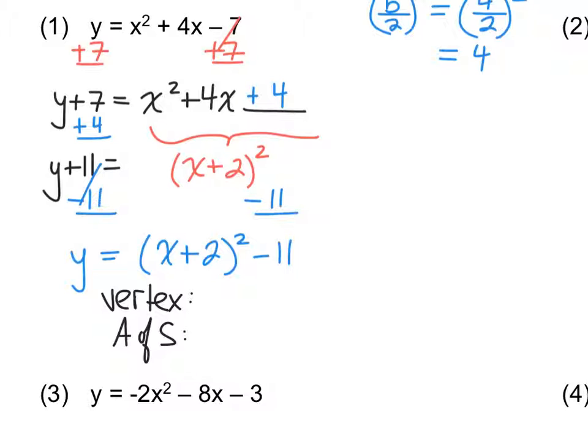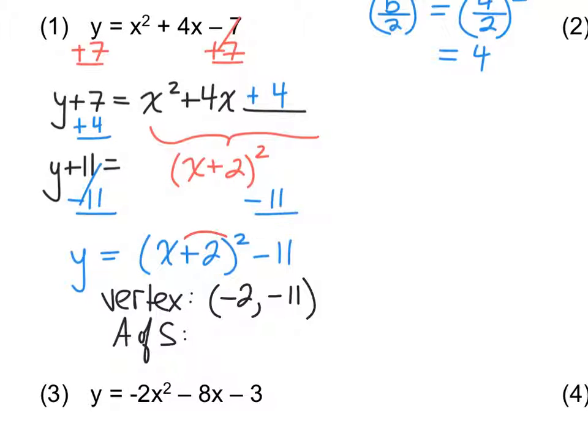Just look at the relationships above. Negative 11, that's part of it. Very close, but not positive 2. Negative 2, exactly. Negative 2, negative 11.